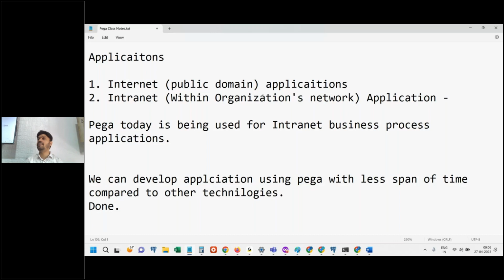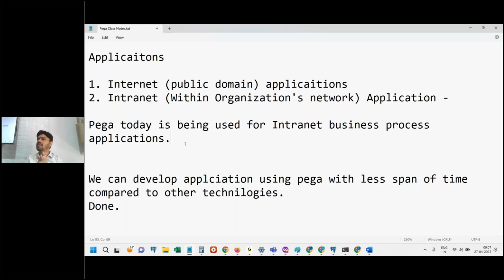Intranet means the applications that are accessed within an organization by its employees for internal business processes. So far till today in PEGA, we have only intranet applications, the applications which will be used inside the organization.